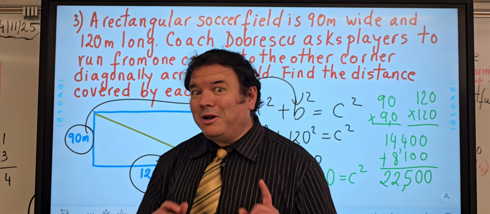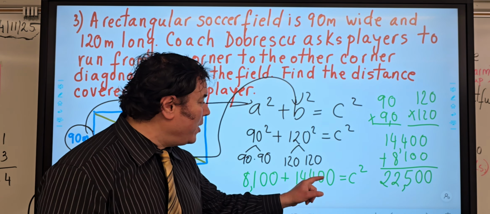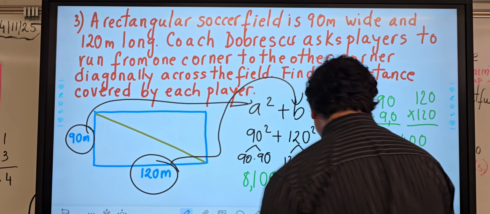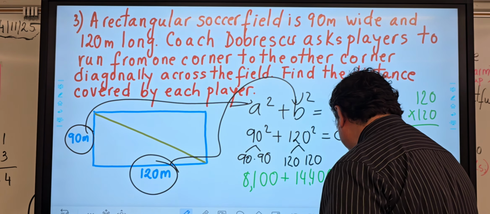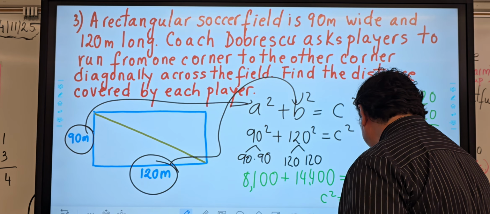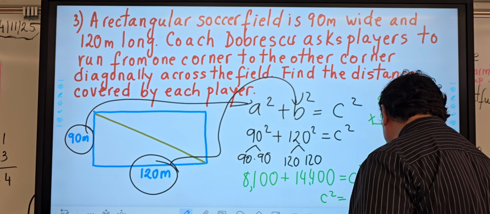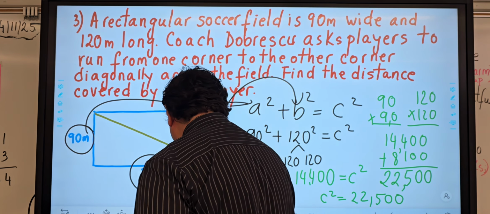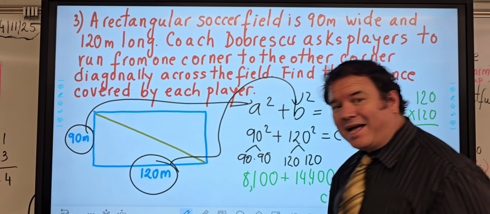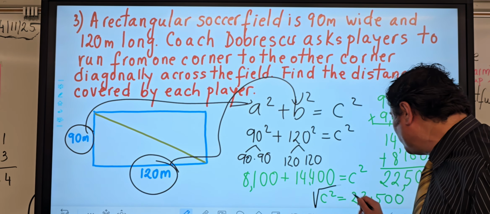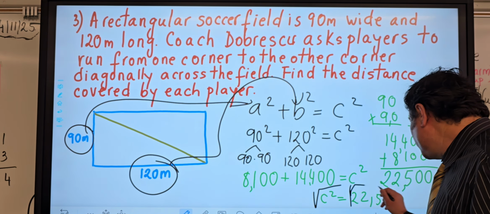So c squared equals 22,500. Now, in order for us to find the c, we have to square root on both sides.